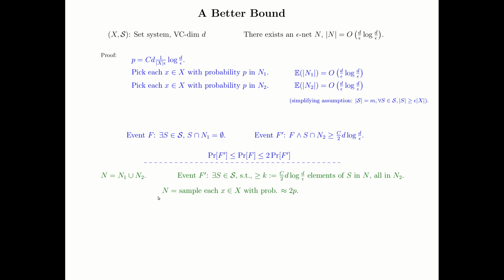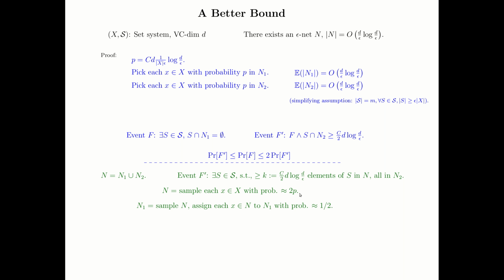For some element to be included in N, it has to be sampled in either N1 or N2. For an element to be excluded from N, it has to fail to be sampled in N1, and it has to fail to be sampled in N2. By doing some relatively easy calculations, we can show that N can be thought of as a sample where each point in X is sampled with some probability that is very close to 2 times p.